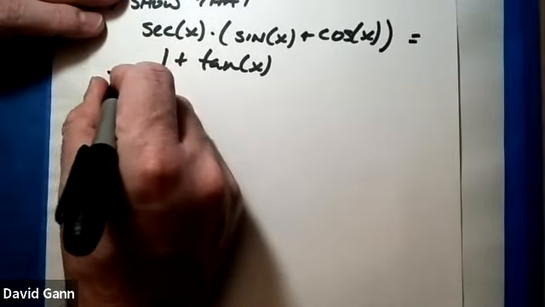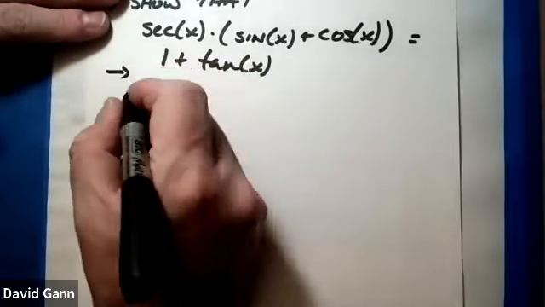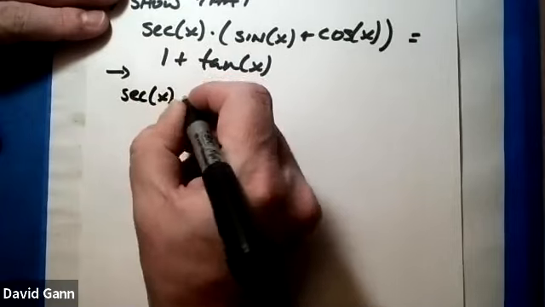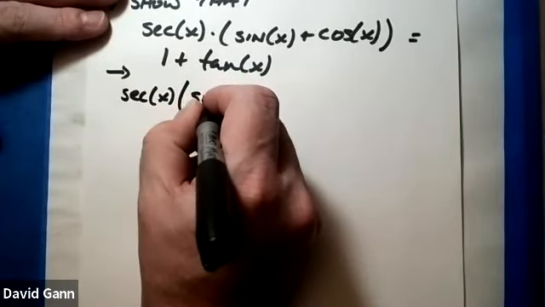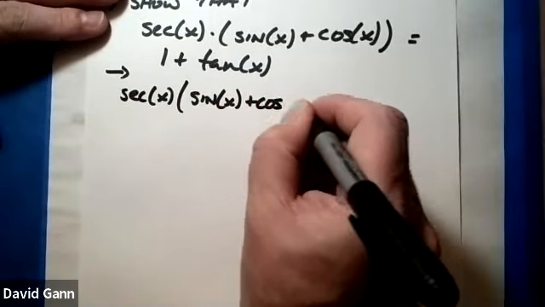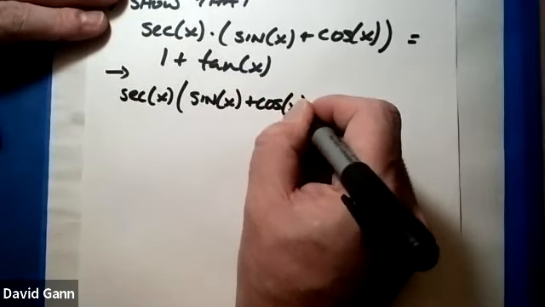So this is the formal beginning of my proof. I will start by writing the original expression for the left-hand side: secant of x times the quantity sine of x plus cosine of x. And my first step here, typically there's a couple different things I could do.